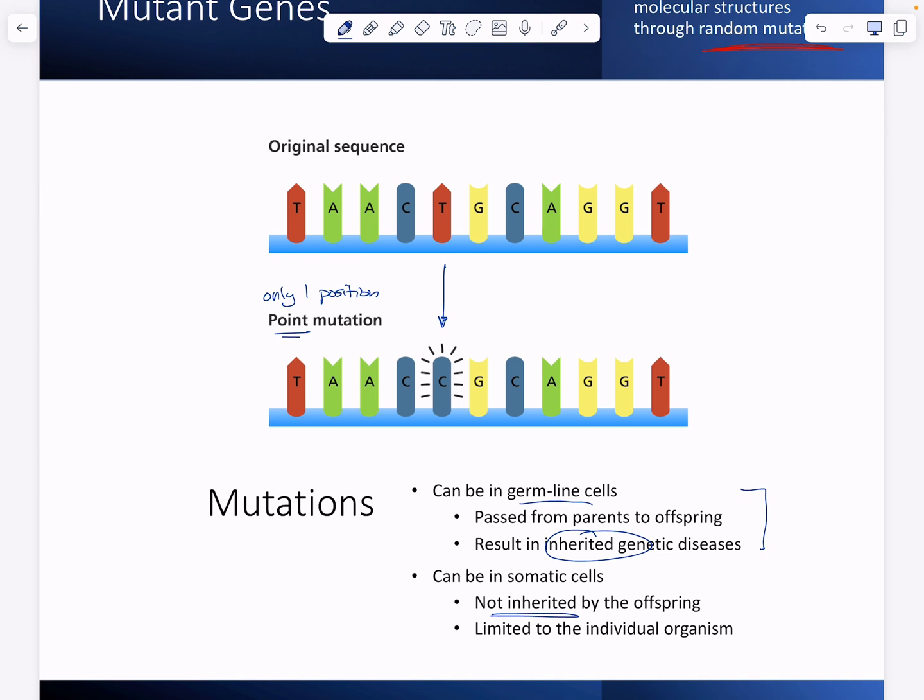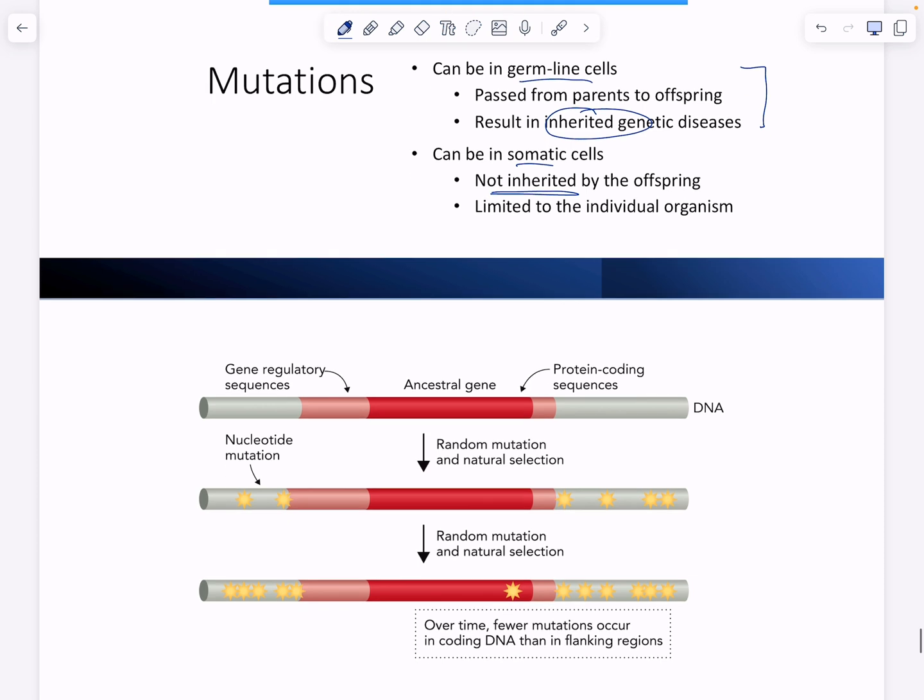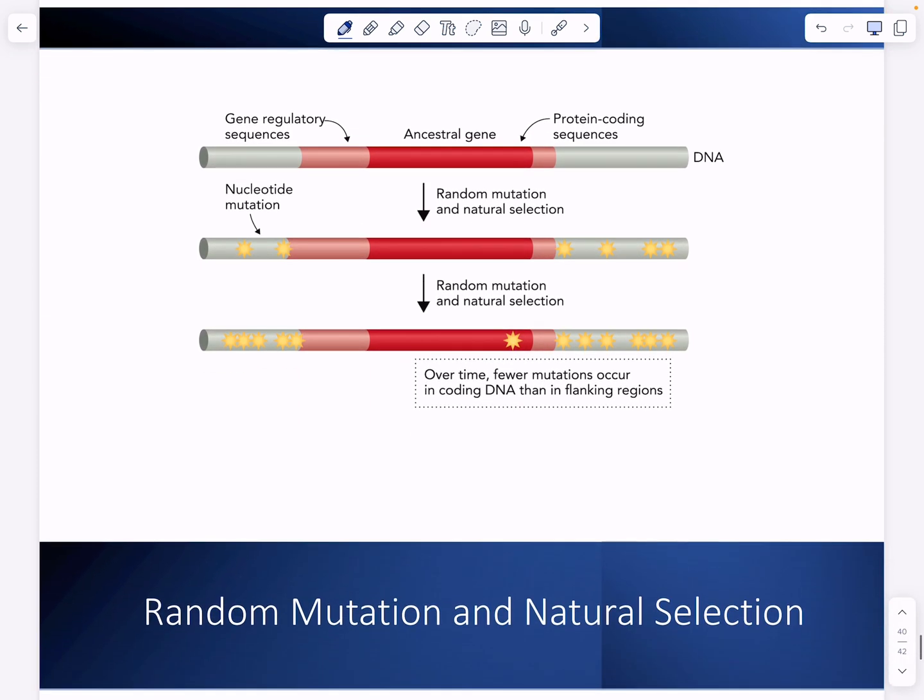So it's not in your egg or your sperm cells that get transmitted into the offspring, but let's say it's, again, on your arm, and those cells are exposed to the sun and they get mutations, and when they are dividing, then a cancerous tumor develops, and that only affects you. It's not going to affect any offspring you may have. Okay, so there's two broad classes of cells where you can get mutation.